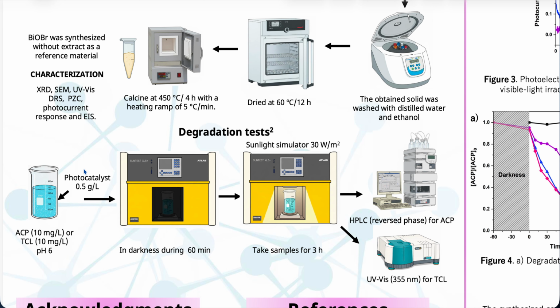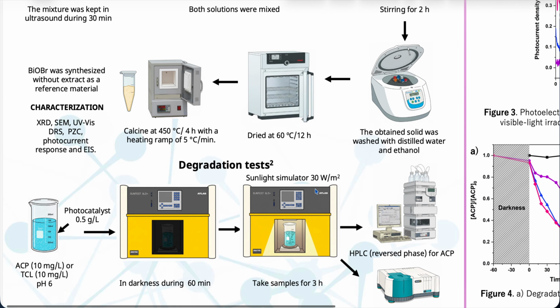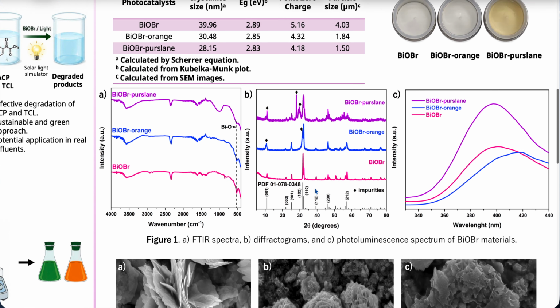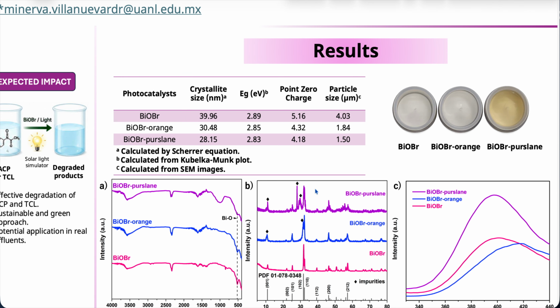Finally, the photocatalytic degradation experiments were performed using 0.5 grams per liter of catalyst and 10 milligrams per liter of either acetaminophen or tetracycline at pH 6. The experiments included 60 minutes in darkness to evaluate adsorption, followed by irradiation using a simulated sunlight source at 30 watts per square meter.